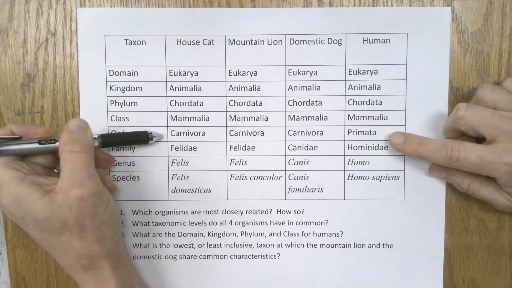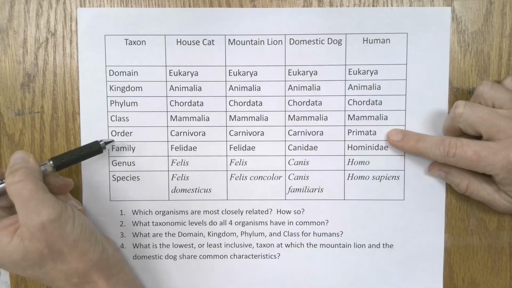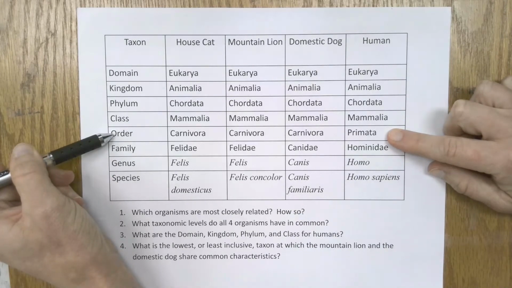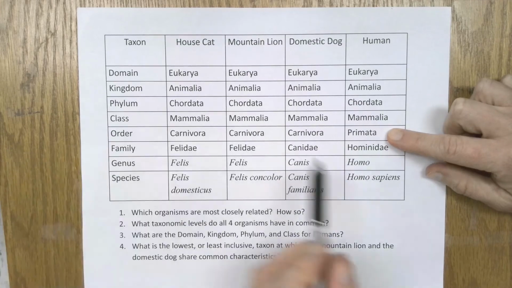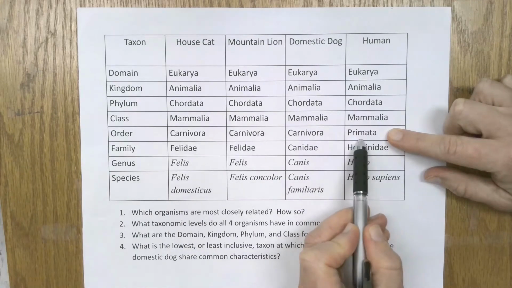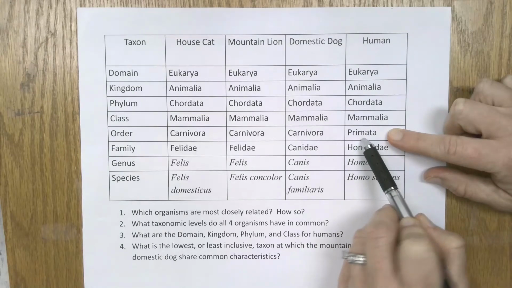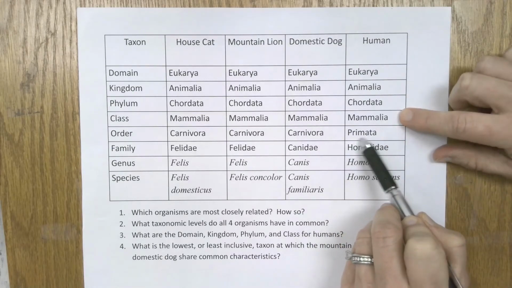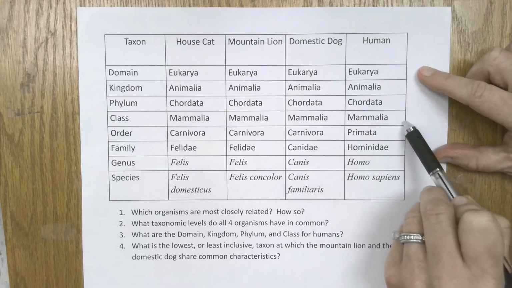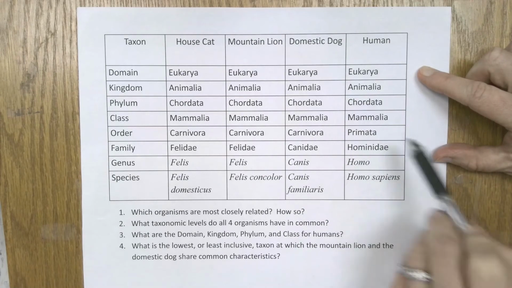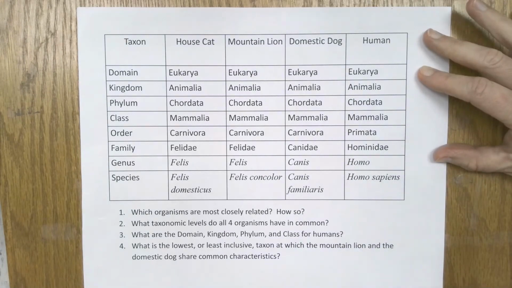Another way to think about this is that if you've got 2 organisms that are in different orders, like Carnivora and Primata, if this is where your divergence is, they still have to share everything above that, because that's where the split is.